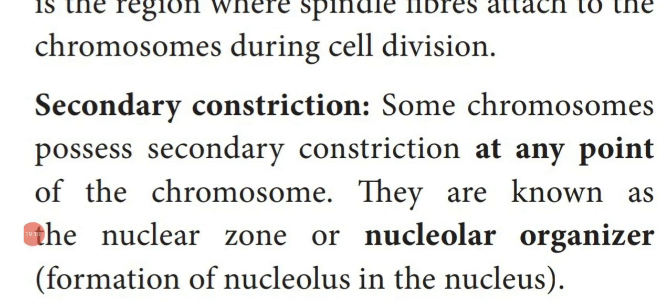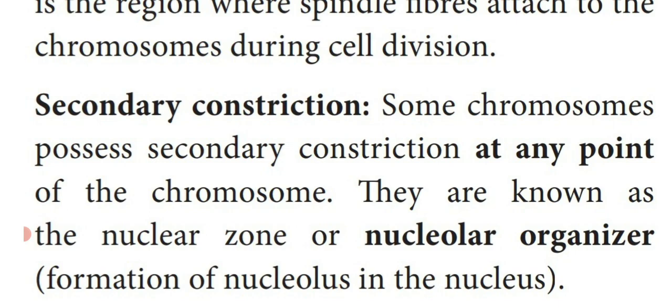Next one, secondary constriction. Some chromosomes contain a secondary constriction at some point of the chromosomal region. They are known as the nucleolar zone or nucleolar organizer.